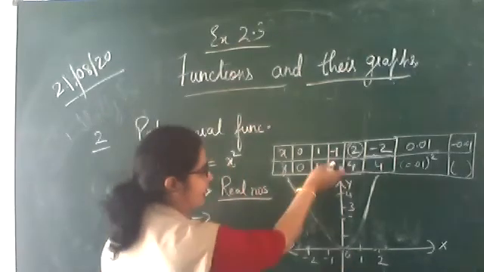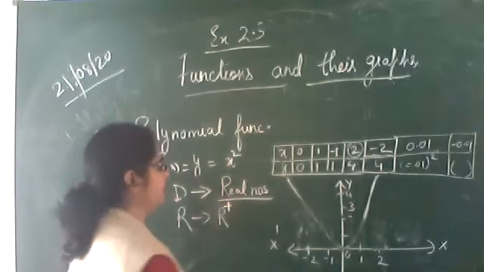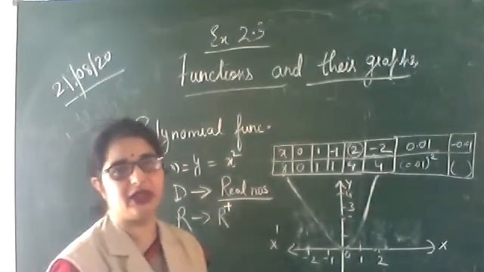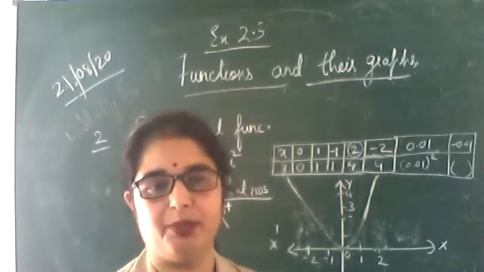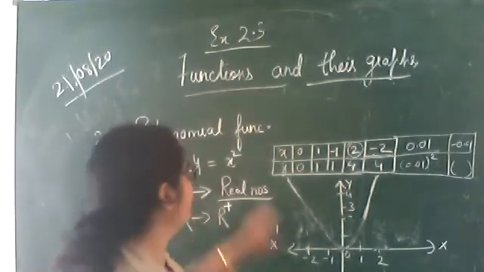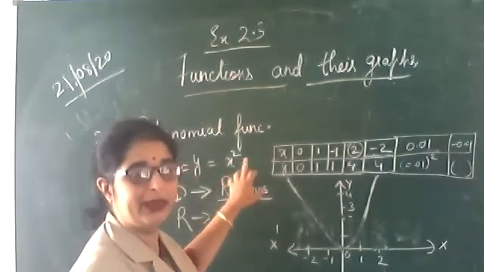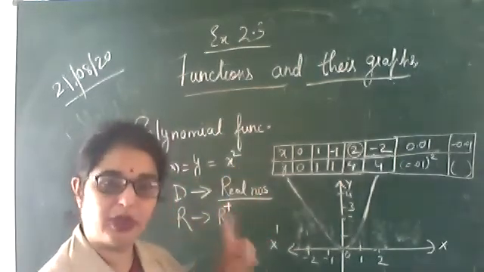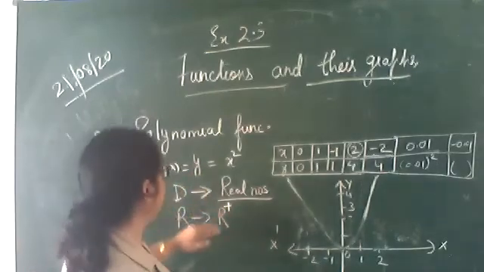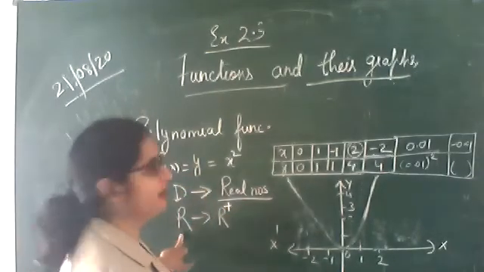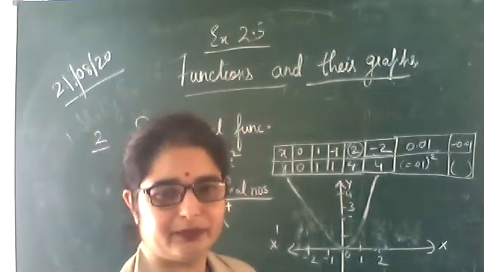So we'll get positive real numbers, infinite real numbers, but they should be positive. Because from here itself you can see y is equal to x square. Square of any number is always positive. So you are getting domain as real numbers and range as positive real numbers. Is this clear?